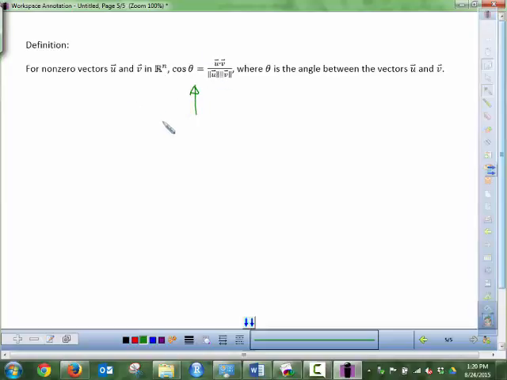If we rearrange this, U dot V is equal to the magnitude of U times the magnitude of V times the cosine of theta. And now what's theta? Theta is the angle between the vectors U and V. So if you were to visualize those 2 vectors and you want to find the angle between them, that's going to be your theta angle.